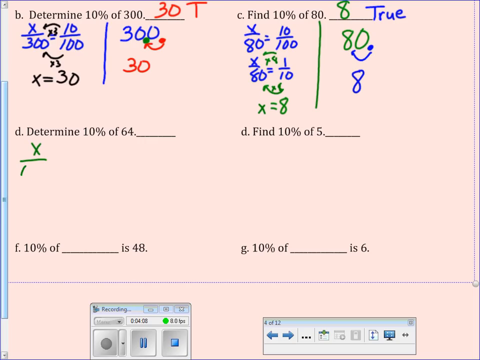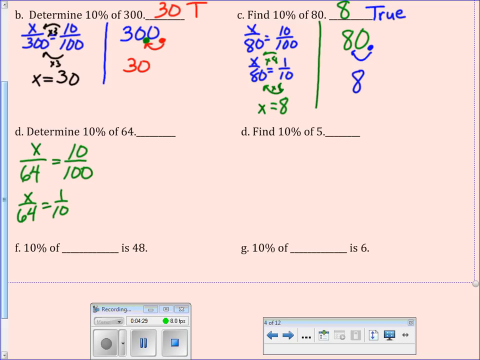So how much of 64 is equal to 10%? Can I scale from 100 to 64? So I'll scale it down. x over 64, 1/10.